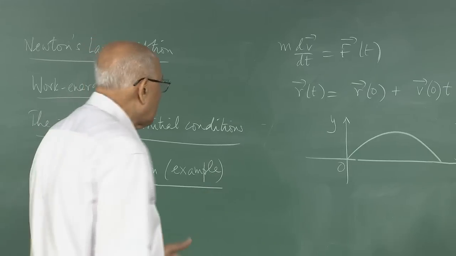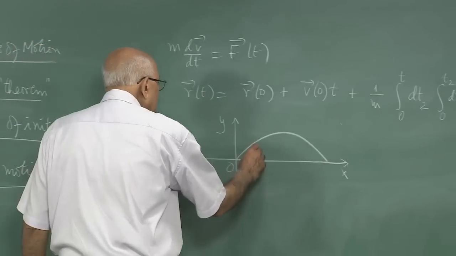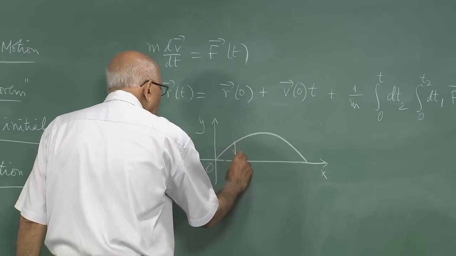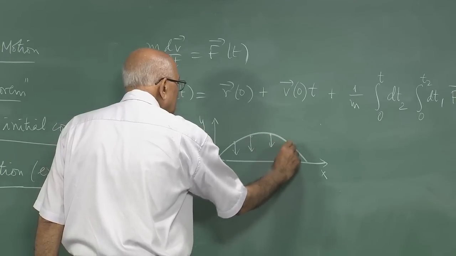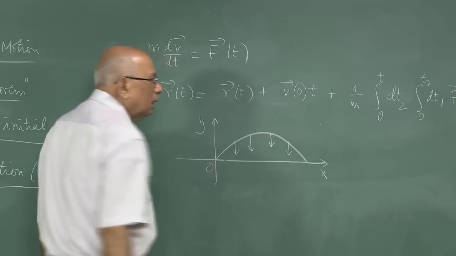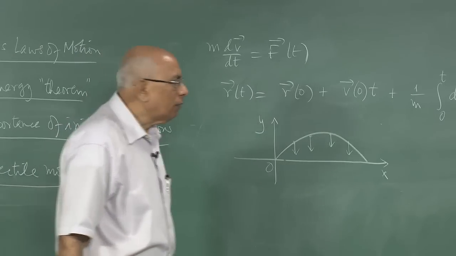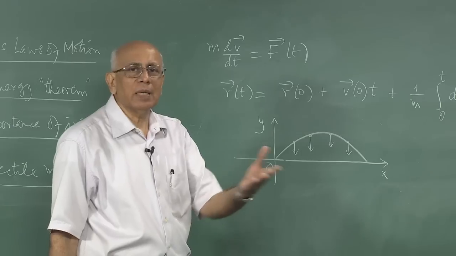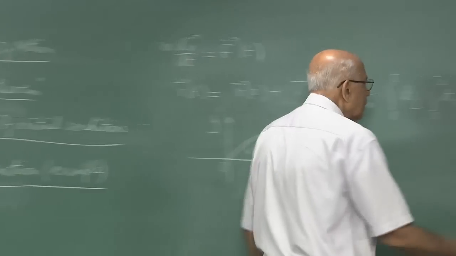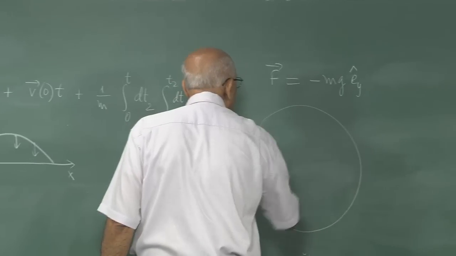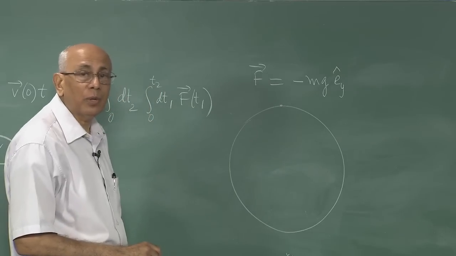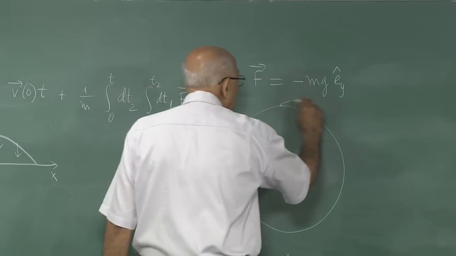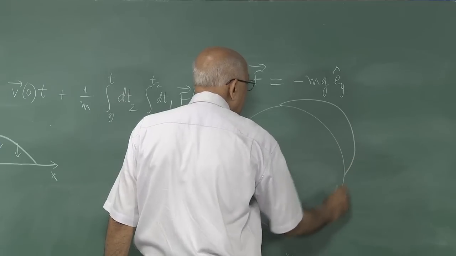There is of course a big approximation here. The approximation is that every instant of time the force is vertically downwards, and it is exactly the mass times the acceleration due to gravity. This would not be true if it were a projectile which actually went some distance, like a missile for example. In that case you start with the surface of the earth, you project from a certain point a missile, you launch it and it goes and lands somewhere else in this fashion.